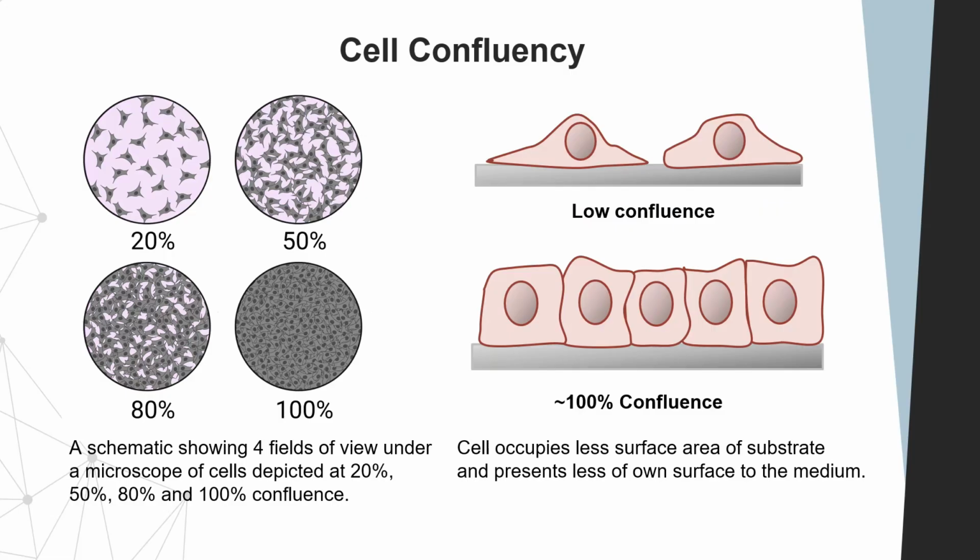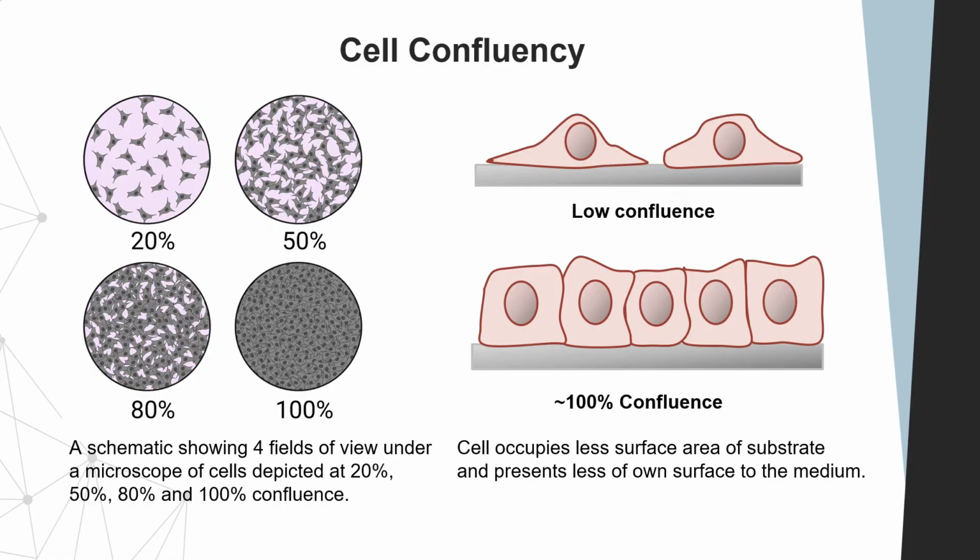One important metric to describe monolayer cell culture is confluence. So you all need to really be familiarized with the word confluence or cell confluency. It tells you the percentage of the culture vessel surface area that gets covered by the layer of cells that you are growing when you are observing them under the microscope.